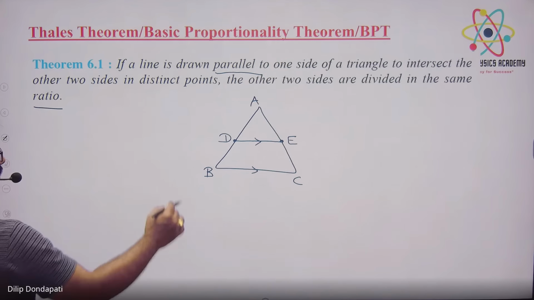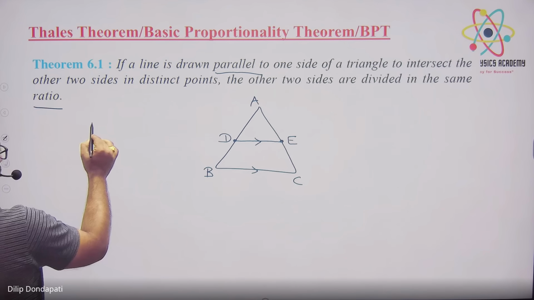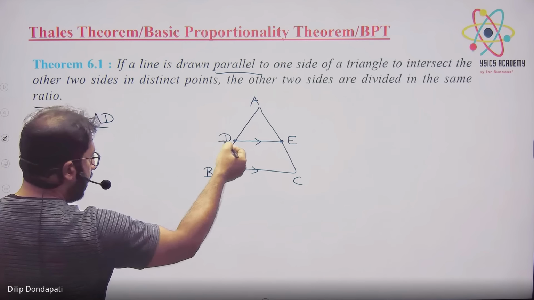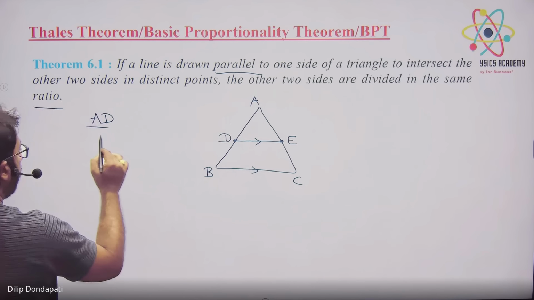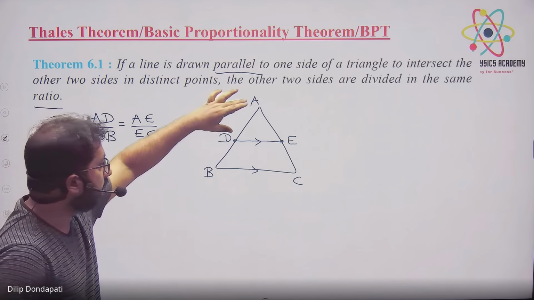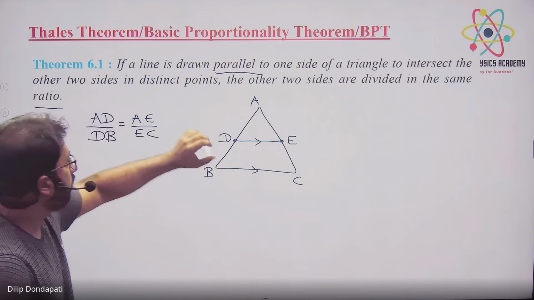That means indirectly, AD by DB is equal to AE by EC. AE by EC. Understood? It is dividing in the same proportion, same ratio.